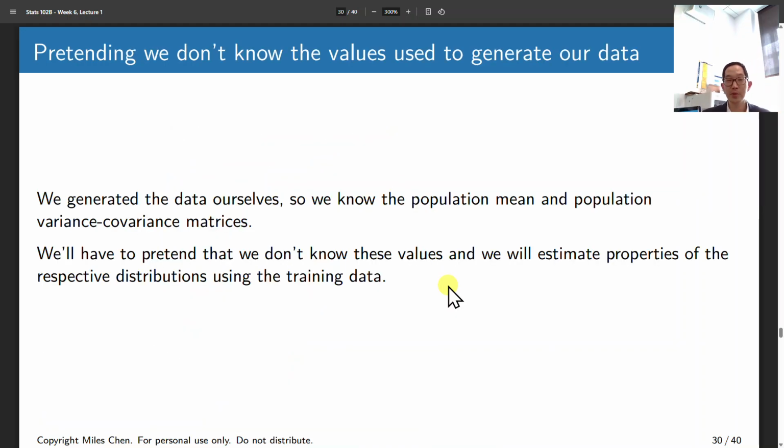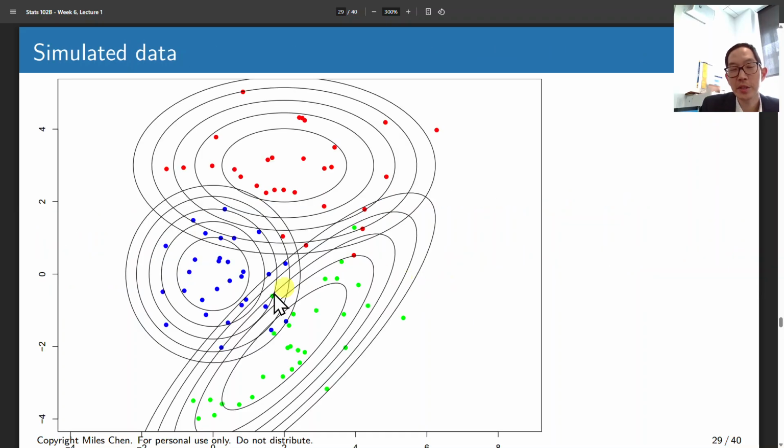And so what we want to do is estimate, based on our training data, what is the mean and what is the covariance of each of these things, okay? So remember, in our training data, we don't actually get to see these ellipses that were used to generate the data.